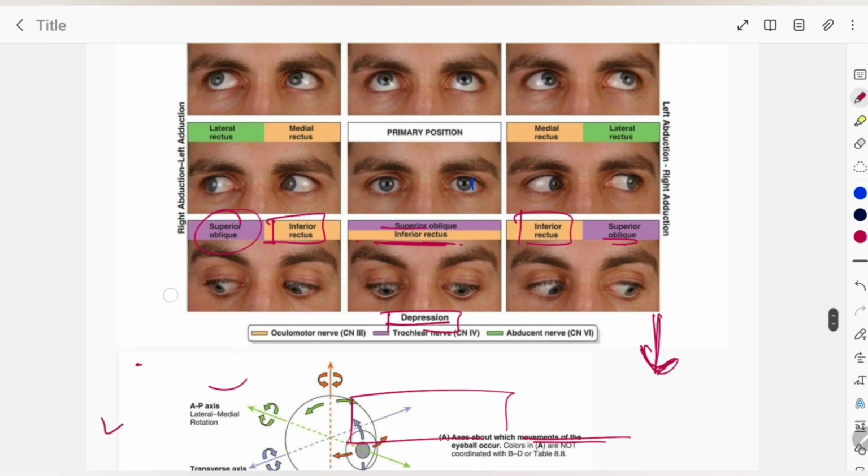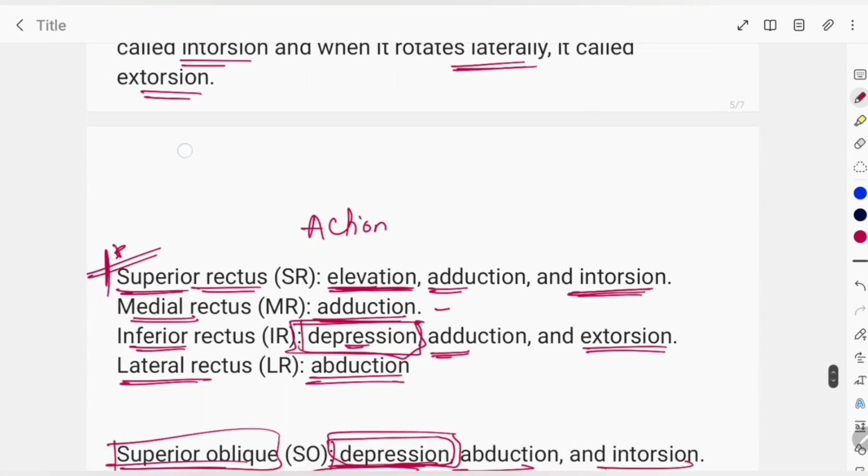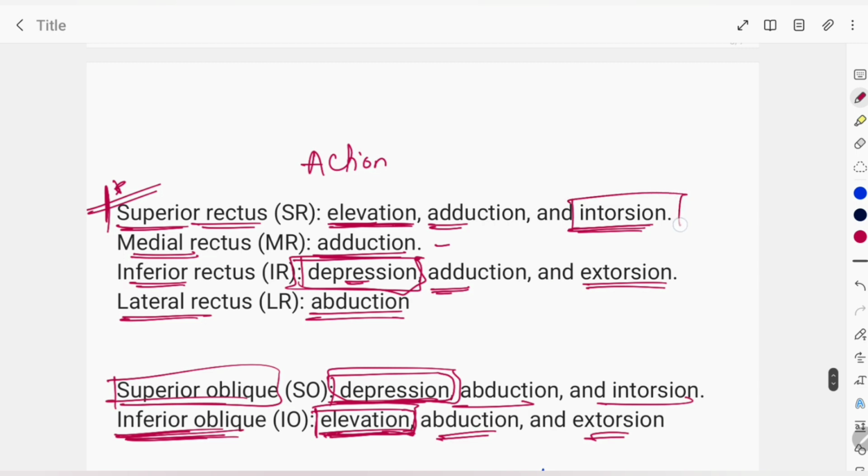Now if we talk about intorsion and extorsion, what muscles do intorsion? Intorsion is done by superior rectus and superior oblique muscle. And extorsion is done by inferior rectus muscle and the inferior oblique muscle.